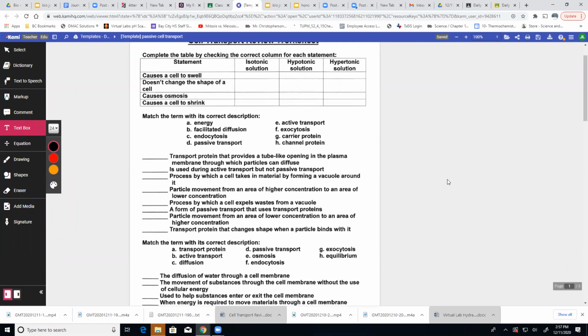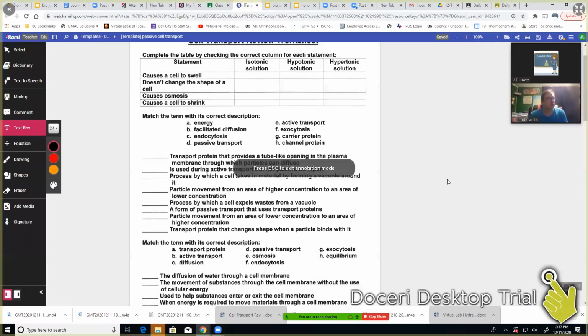So let's see. On that top section, endocytosis and exocytosis, those are active transport. Those require energy. So C and, what was that one?